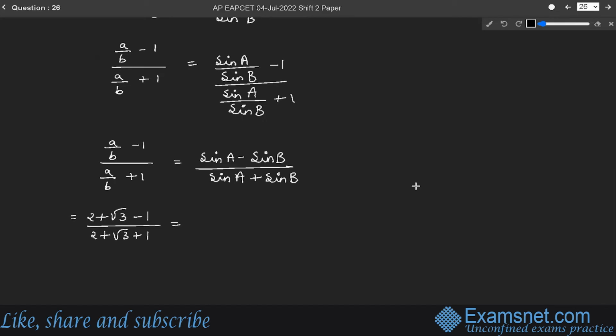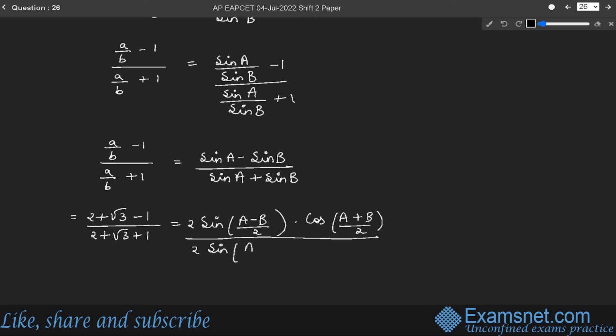It is equal to, we have to apply the formula for sine A minus sine B. So it becomes 2 sine A minus B upon 2 into cos A plus B upon 2 divided by sine A plus sine B. The formula for sine A plus sine B is 2 sine A plus B by 2 into cos A minus B by 2.